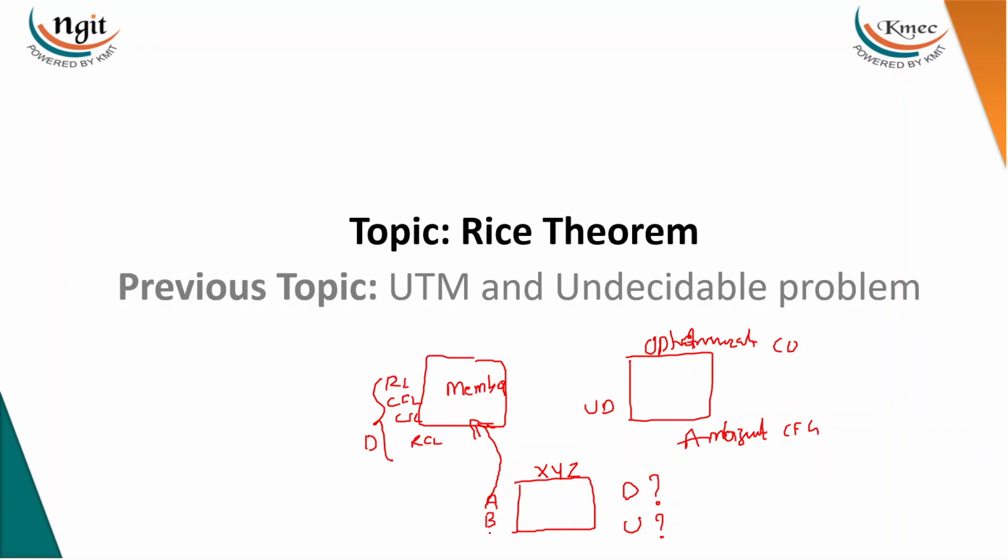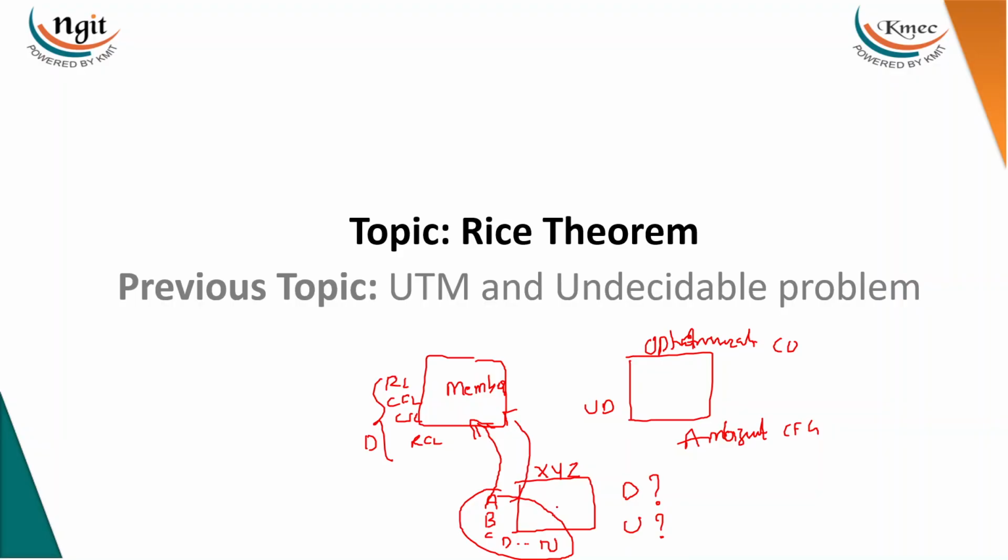If you have n properties, A, B, C, like that, then if all the properties can be reduced to this property, which is decidable, then it is also decidable here. If some properties can be reduced to this, which is decidable, but some cannot, or we can reduce to something undecidable, then it is also undecidable.